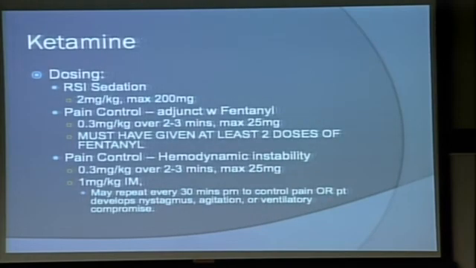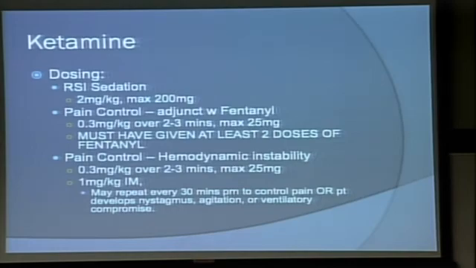So here's your ketamine dosing, and we have changed this a little bit now to make things simple because we've had a couple of other cases involving ketamine for pain control that I want to make sure you're okay with. So, ketamine dosing, RS sedation, 2 milligrams per kilo, max 200. Pain control as an adjunct with fentanyl, 0.3 milligrams per kilo over 2 to 3 minutes, max of 25.